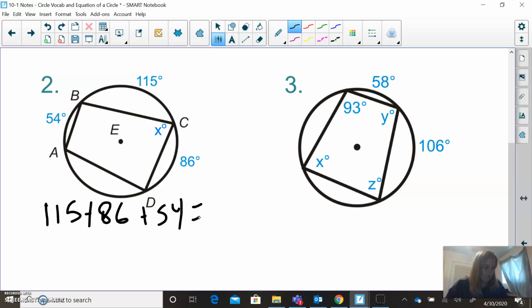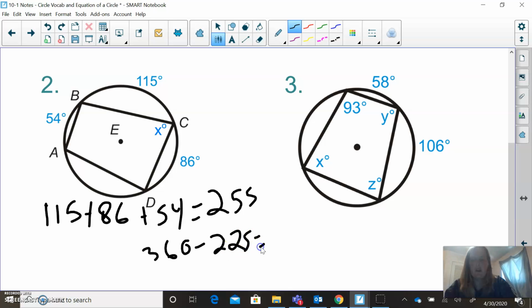Find out what that equals. Okay, so that equals 255. Then we're going to take 360 and subtract out 255. And that equals 105. So arc AD is 105 degrees.